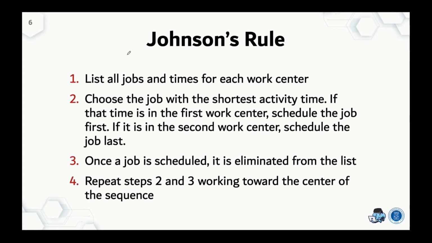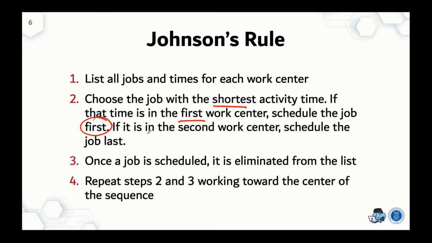Take a look at the algorithm in the Johnson rule. First, we list all the jobs and the time for each work center. Second, we choose the job with the shortest activity time. If the time is in the first work center, schedule the job first.